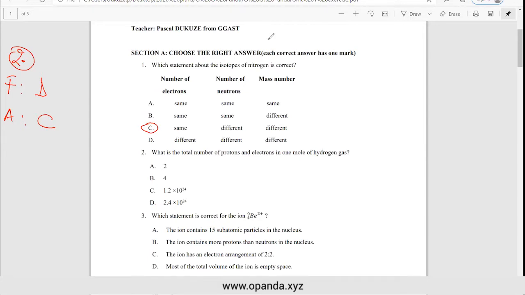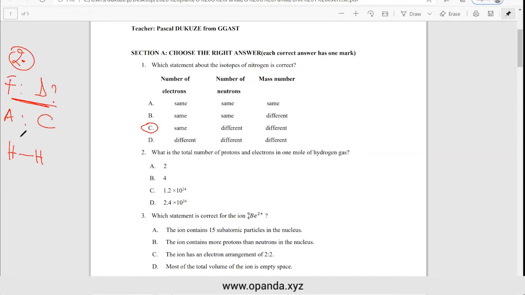Frank, can you tell us why the answer you have suggested is D? A short explanation. Yeah, it's D because hydrogen gas contains 2 atoms of hydrogen, which means that it is diatomic.